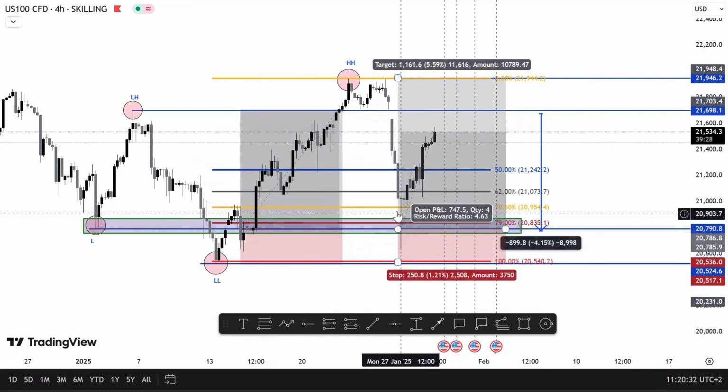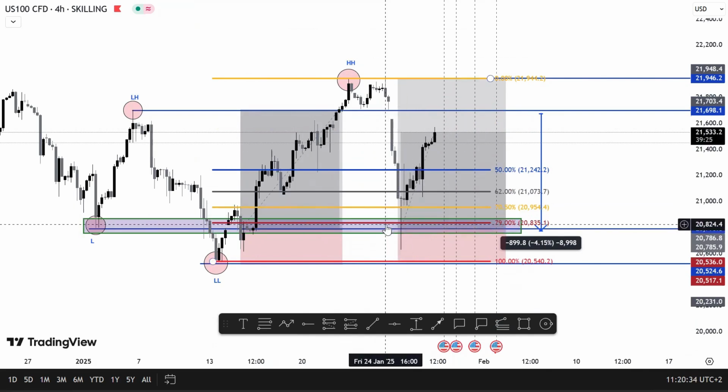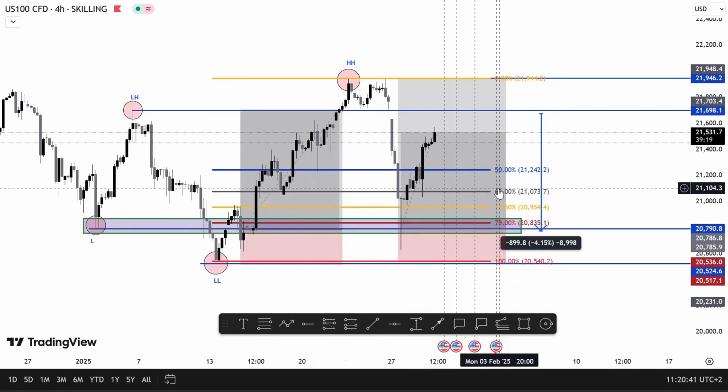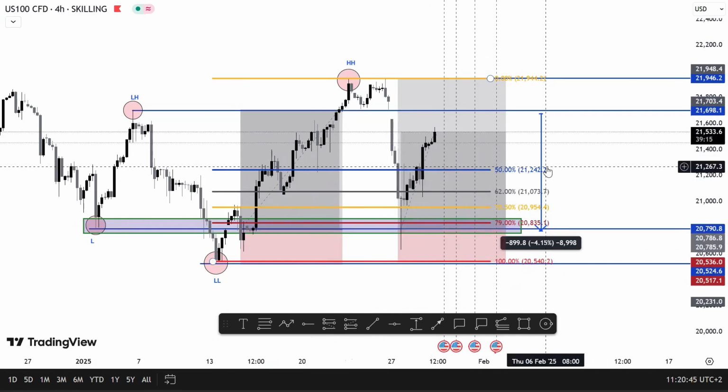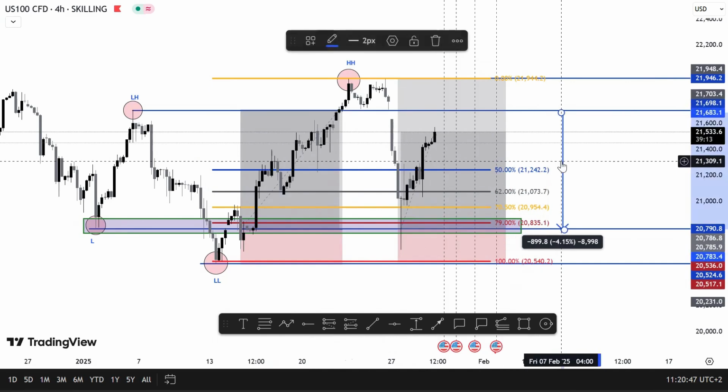So some of them would have taken the entry between that 79 and the 70. That's the golden zone. So the OTE, optimum trade entry, we will talk about that in more videos to come, which is the ICT concept.